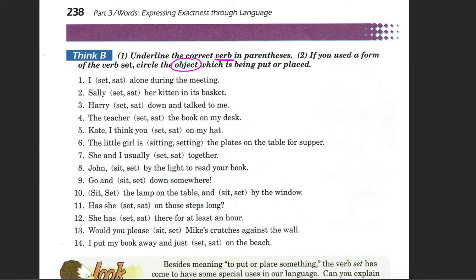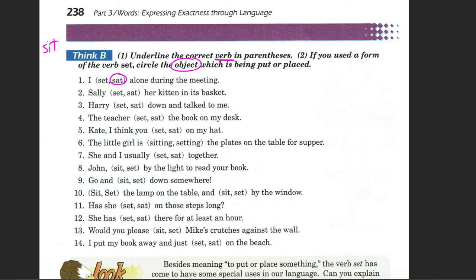Is something being placed on its own, or is another person placing something else down? I blank alone during the meeting. Since this person is doing it to themselves, you would use the word sit, and sat is the past tense of sit. Since I used sit, do I need to find the object? No, right? Because I'm using sit, not set.